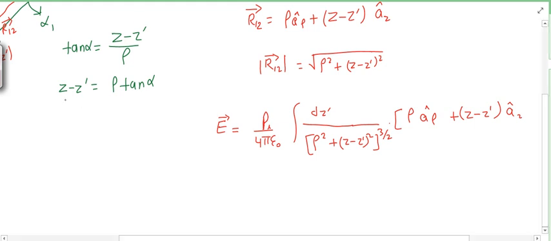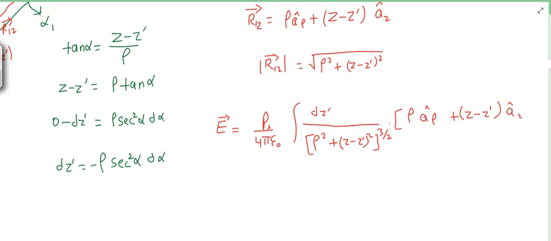Z is constant for a certain point, so its differentiation will be 0. Here minus dz dash equals rho, which is constant for a certain point, times the differentiation of tan alpha, which is sec square alpha d alpha. So I can replace dz dash by minus rho sec square alpha d alpha.